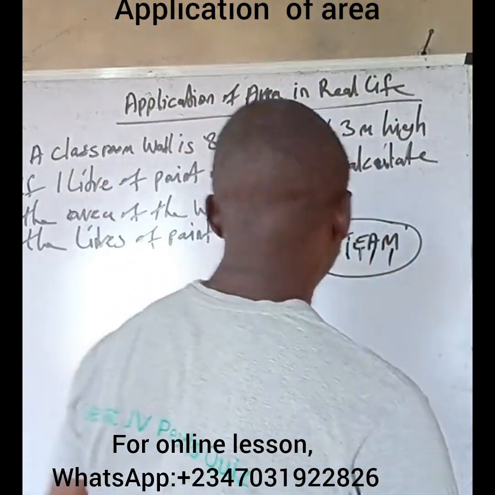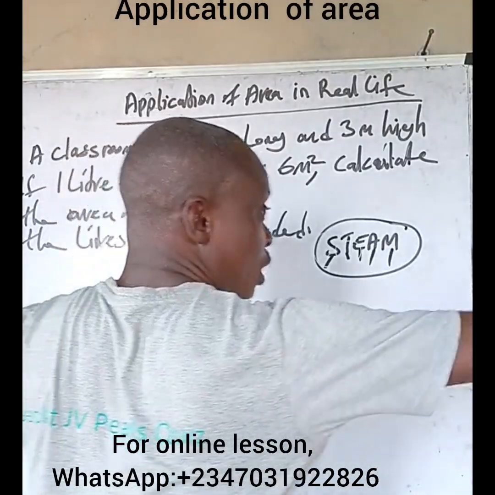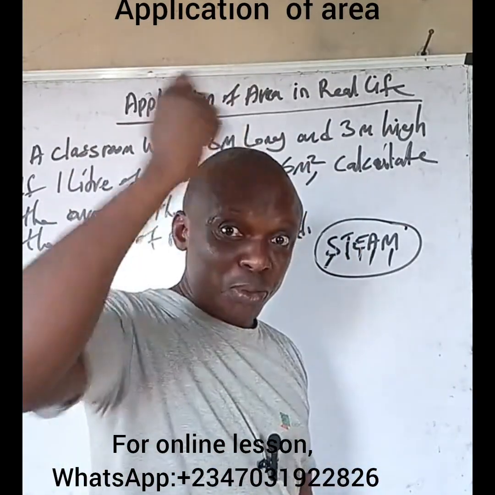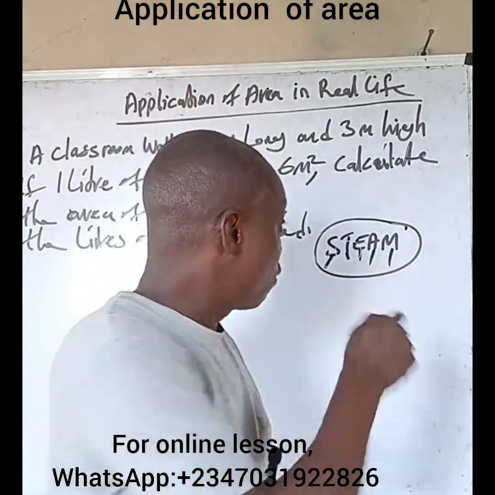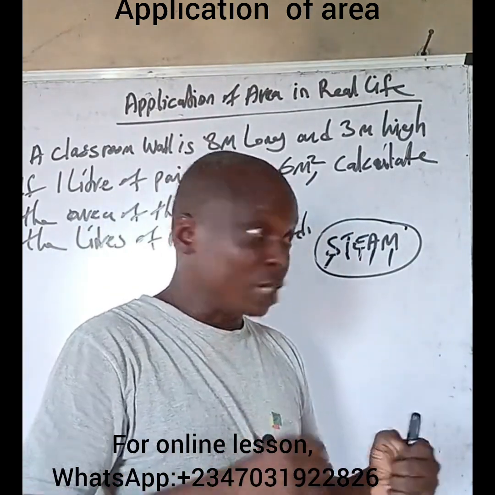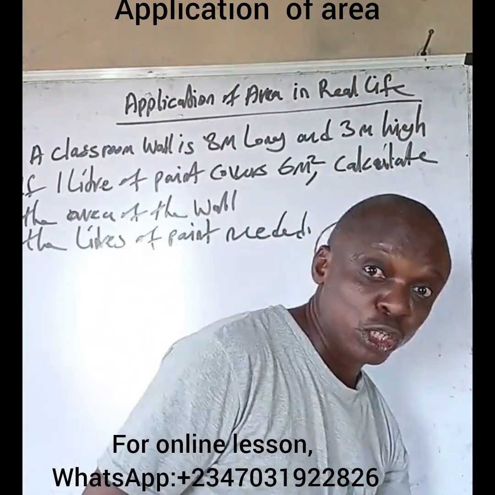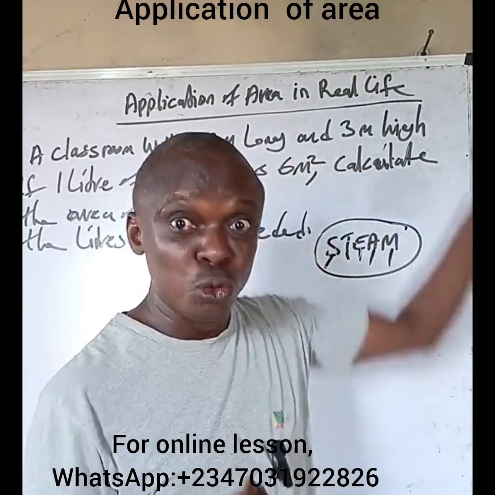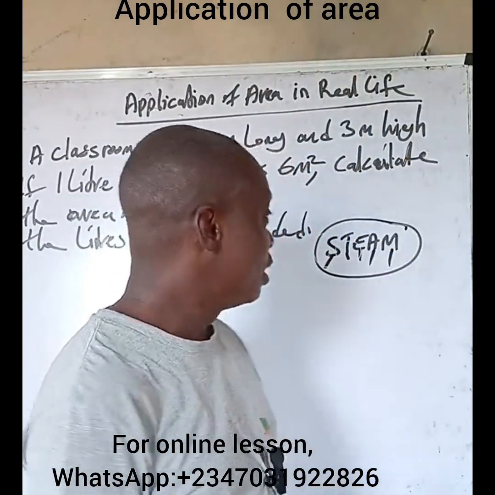Then I will also measure the length from here to there with the tape. That particular tape is provided as a result of technology. Technology is not the one doing the calculation. They only provide the tape which we use in the calculation. That is the work of technology.